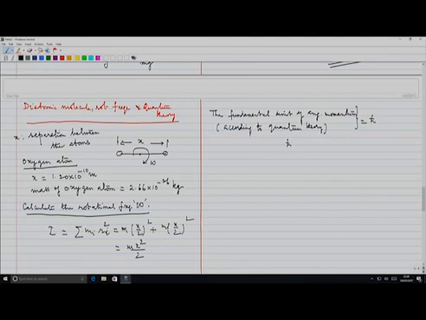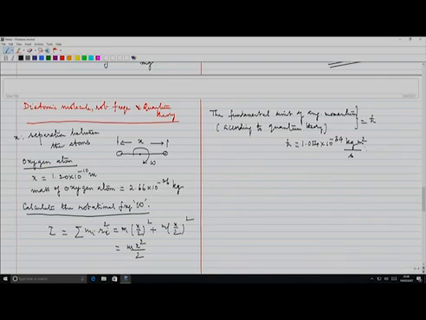What is the value of h cross? This data will also be given to you: 1.054 into 10 to the power of minus 34 kilogram meter squared per second.